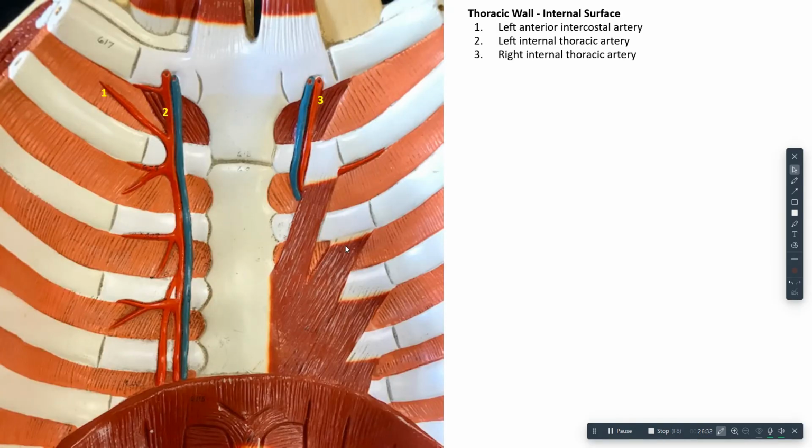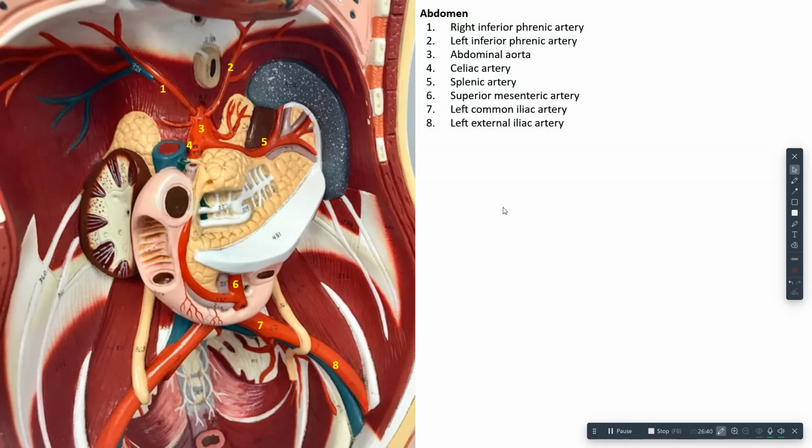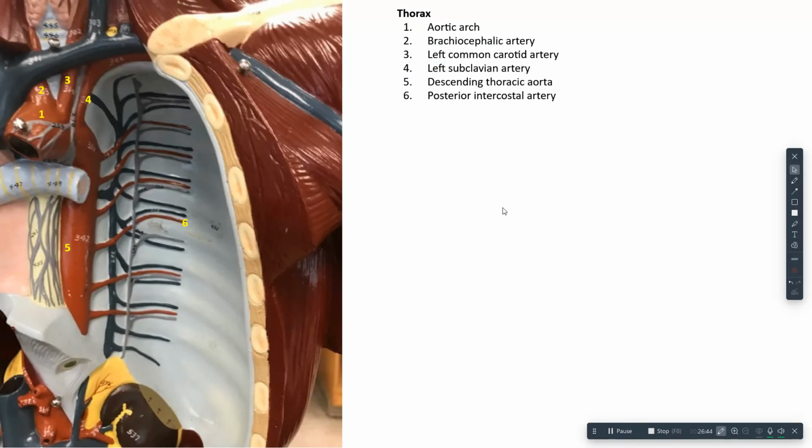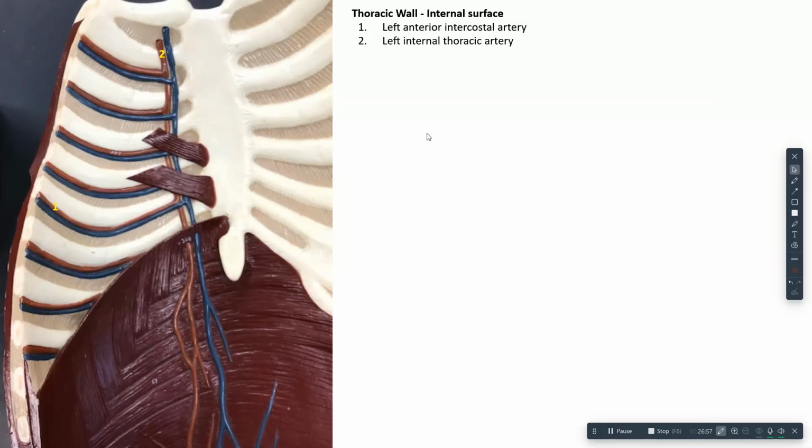And then I showed you this one earlier with a mistake on it. And I got it here as well. And then the abdomen of this model, pelvis of this model. And then I like this one because I can see those posterior intercostal arteries coming off that descending thoracic aorta. So really nice. I'm just zipping through these models because there's nothing really new here, okay?